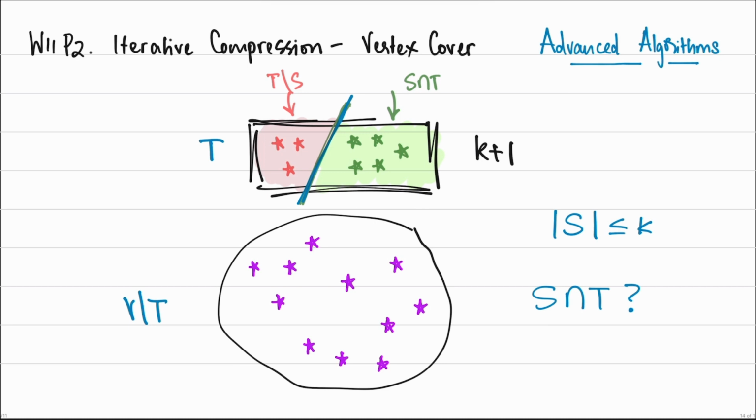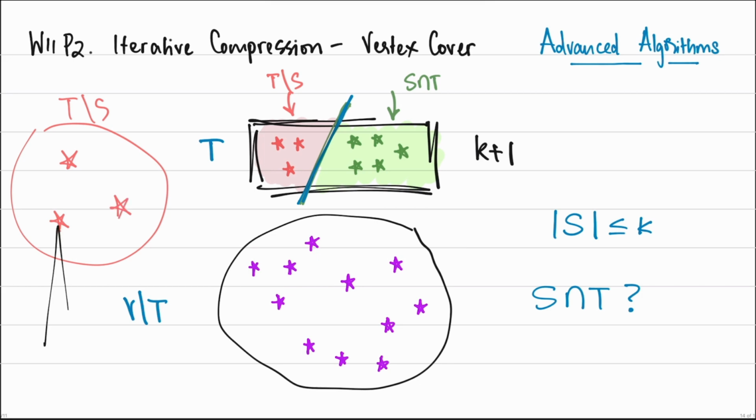Let's maybe zoom in a little bit on T minus S. Now these vertices would of course be having edges in, for example, V minus T. Those were the edges that they were originally covering. They may have edges with vertices in S intersection T. That's also fair game. And there could potentially be edges between vertices of T minus S.